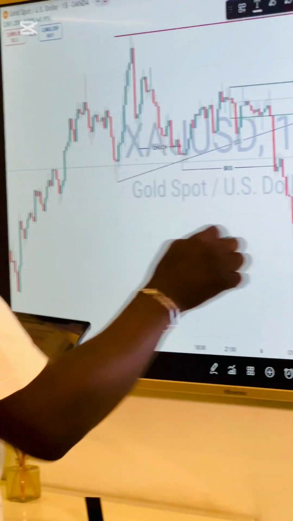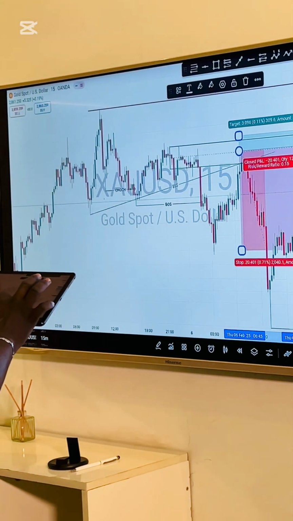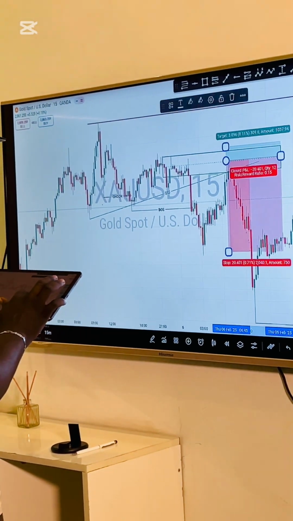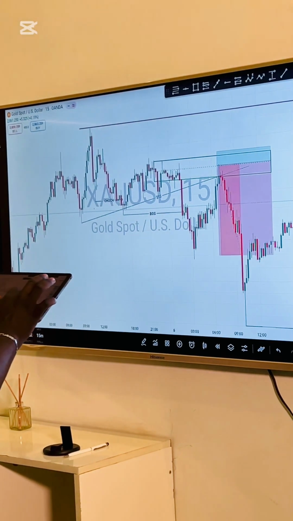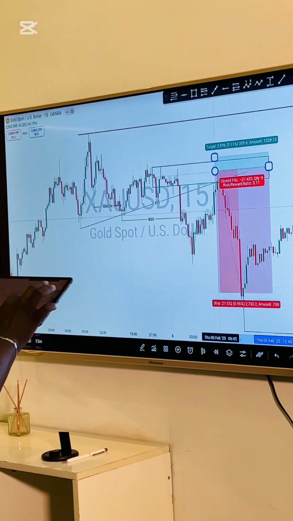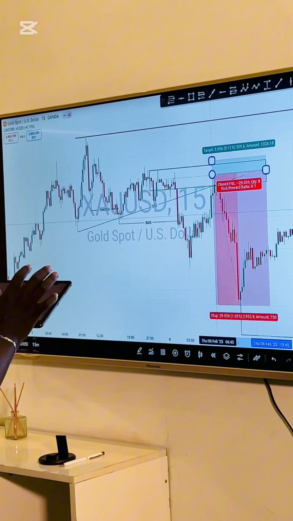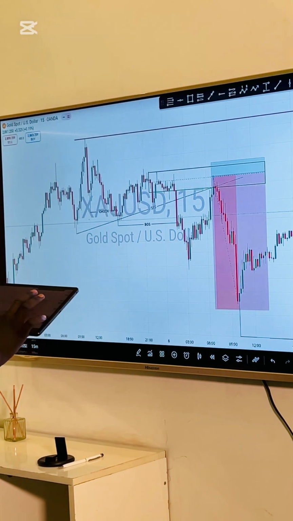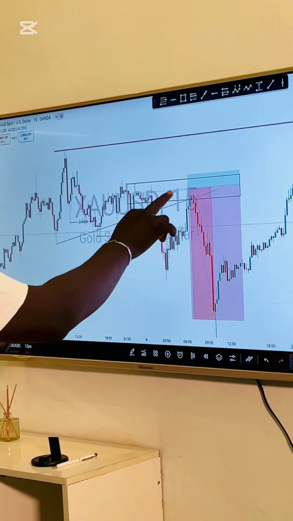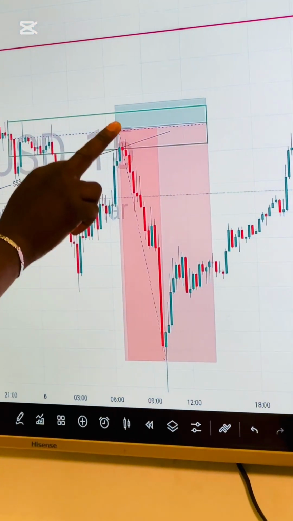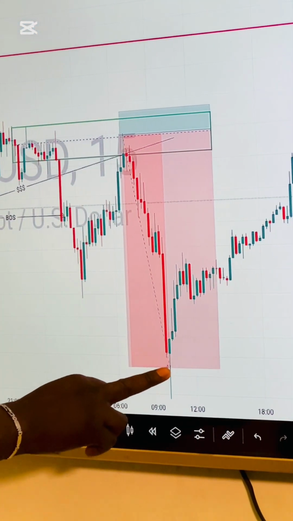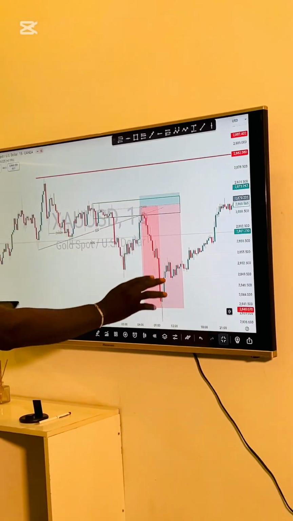So this is your first TP. This very place is your first TP, and this is your second TP. This is where you are going to target on this trade. And this is how price came back to fill it and take profits to the downside.